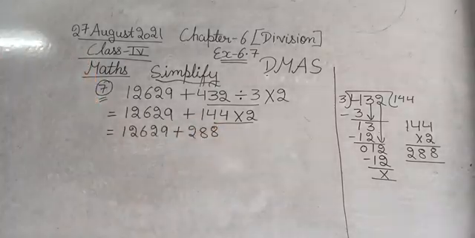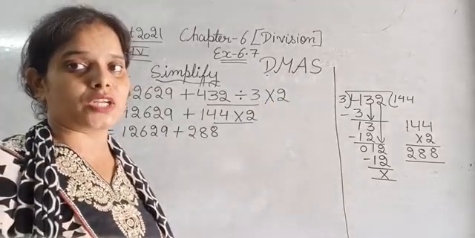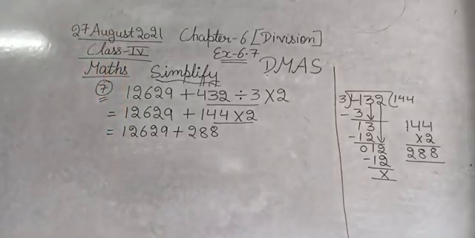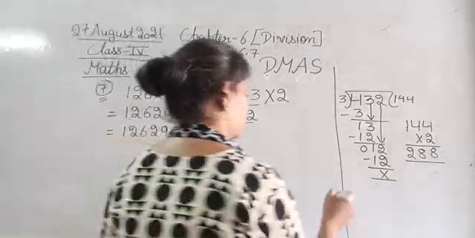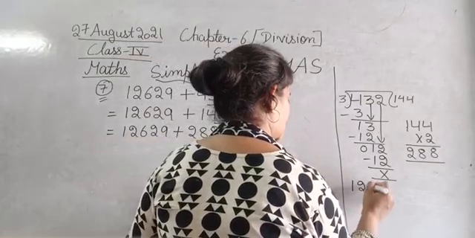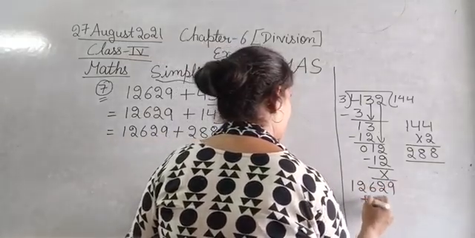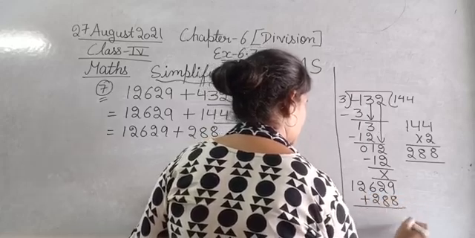Okay. After multiplication, we are having A. A stands for addition. So now we will do the addition. 12,629 plus 288.